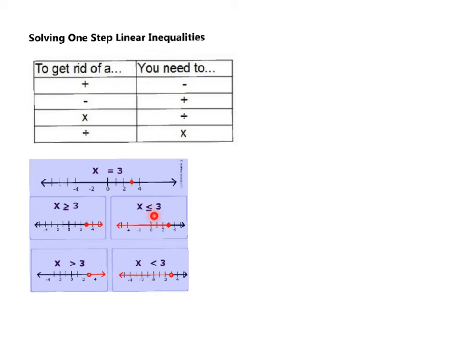If it's a less than or equal to, it's going to be a closed dot and you're going to shade down, smaller, less than. If it's just the greater than symbol, you're going to have an open dot and you're going to shade up. And if it's just the less than symbol, you're going to have an open dot and you're going to shade down. So that's how we tell the difference between the greater than or equal to, less than or equal to, greater than, and less than symbols on a number line.